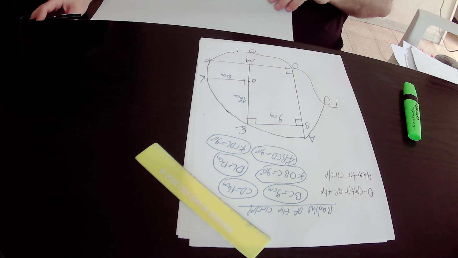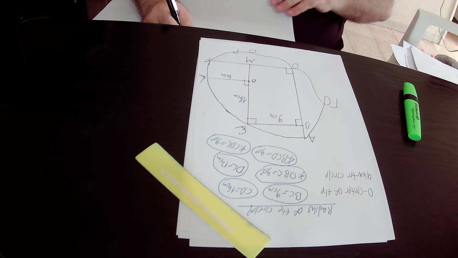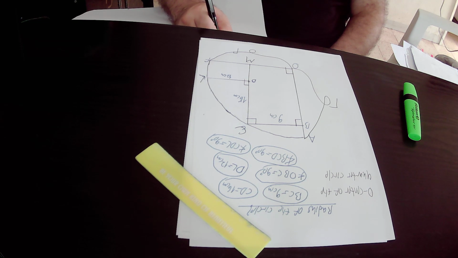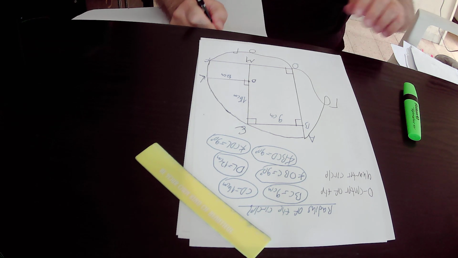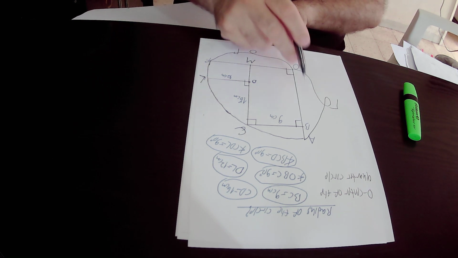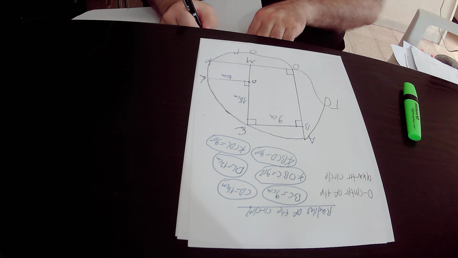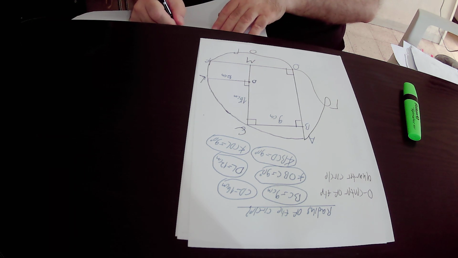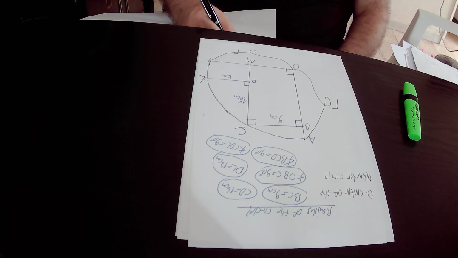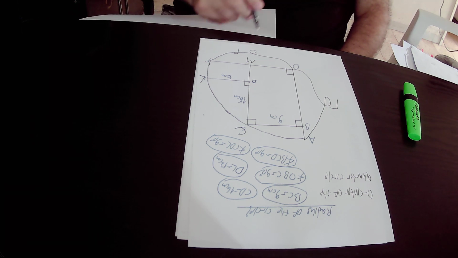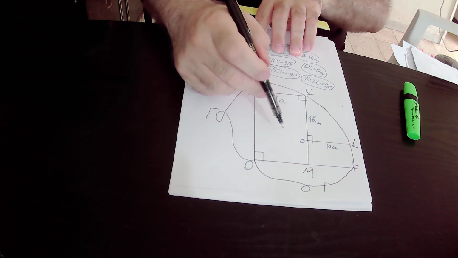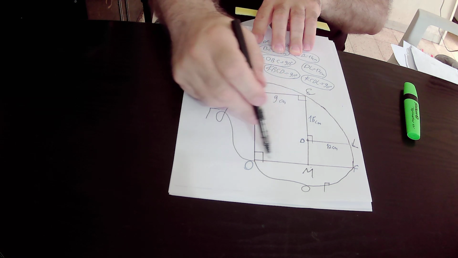So I write it down. We have quadrilateral BCOM that has 3 right angles, and the sum of 3 right angles is 90 times 3, which is 270 degrees, plus the size of the fourth angle, that is actually angle DMO.